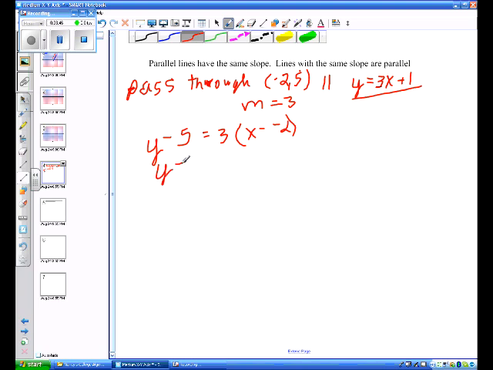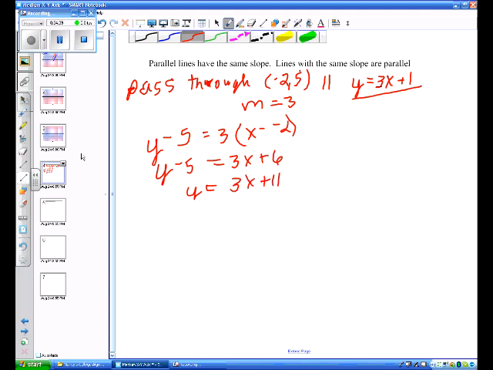If we put that in slope-intercept form, we would have 3x minus the negative, a plus, 3 times +2 is +6. Then we would add 5 to both sides. So we have 3x plus 11.